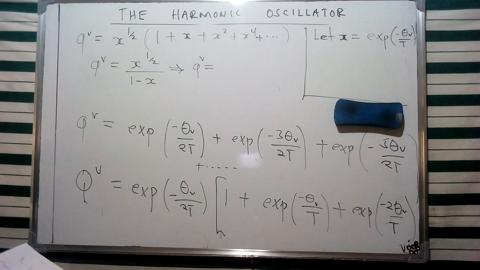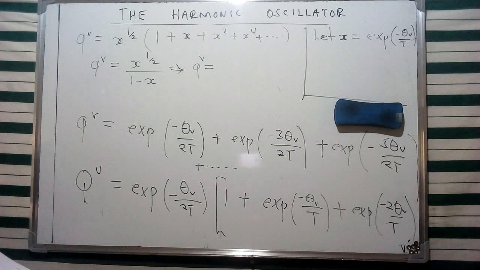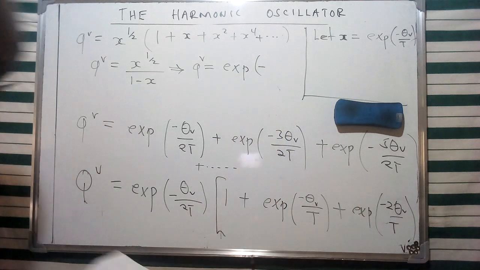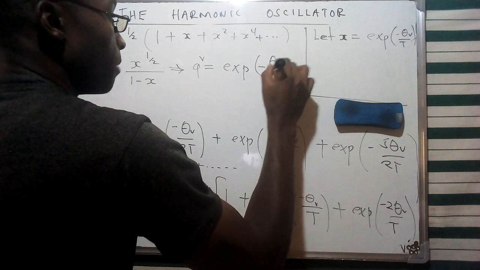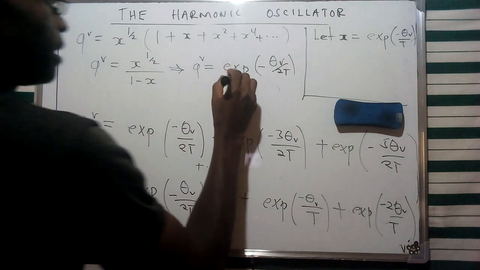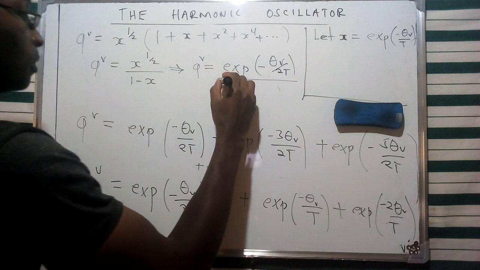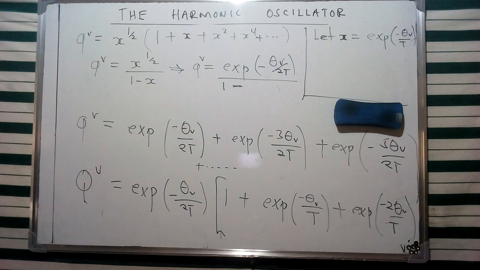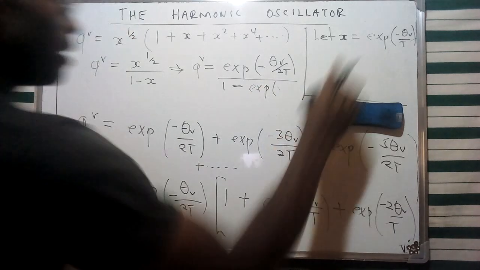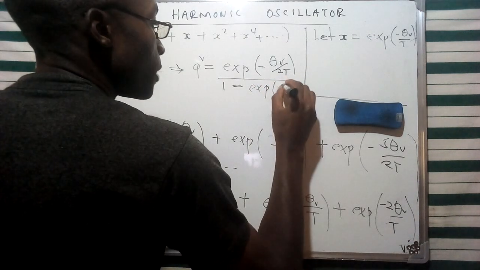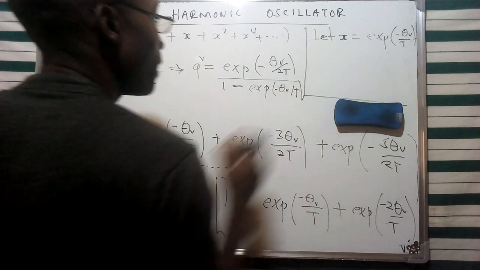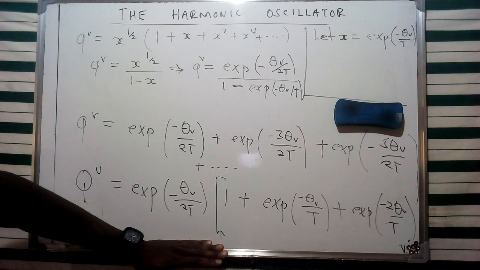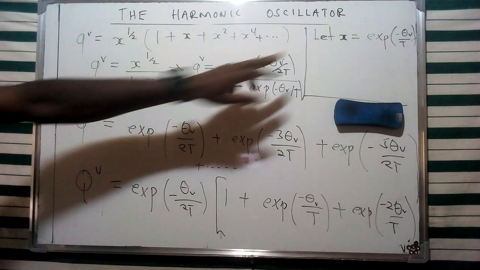this specific factor, whereby we're going to have x raised to power a half still being represented as x b, and then we're going to have this factor as negative the vibrational temperature over 2T, and then our denominator is going to be given as 1 minus, so the value of x, as I had said from that specific point, is going to be the exponent of negative this vibrational temperature all over T. This is going to give me a general result, from perceiving this as a geometric progression of this nature, and then I'm going to use this substitution.